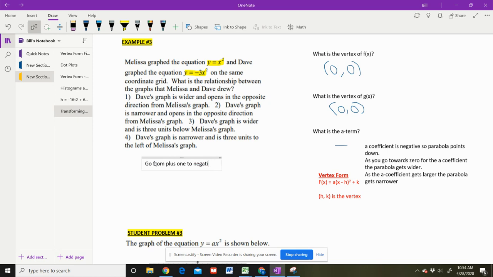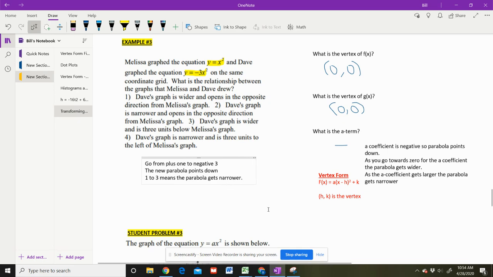Okay. So when we do that, we know that the new parabola is down, and we know that 1 to 3 means the parabola gets narrower.